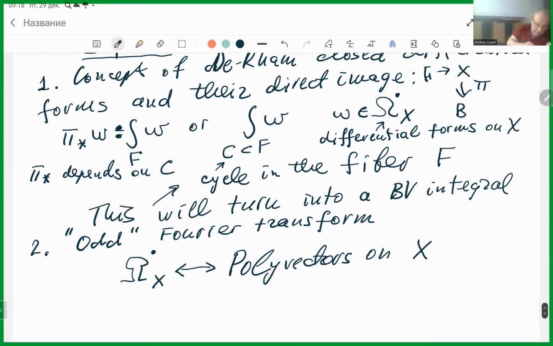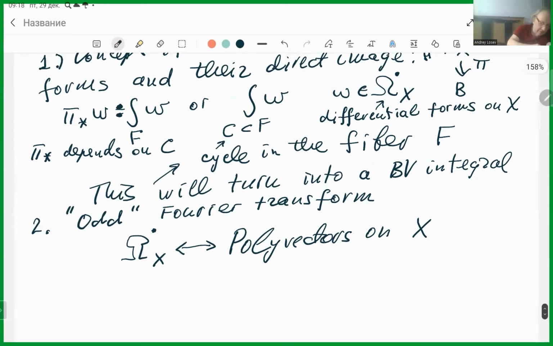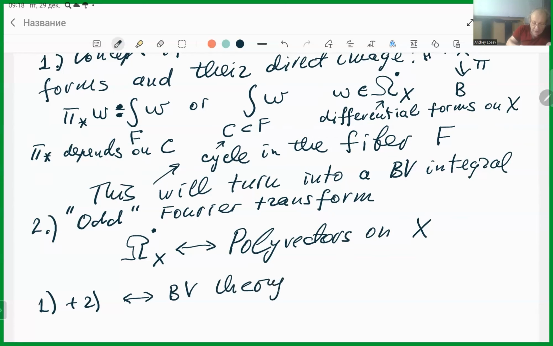So when we combine 1 and 2 together, we will get BV theory if we include the Planck constant.